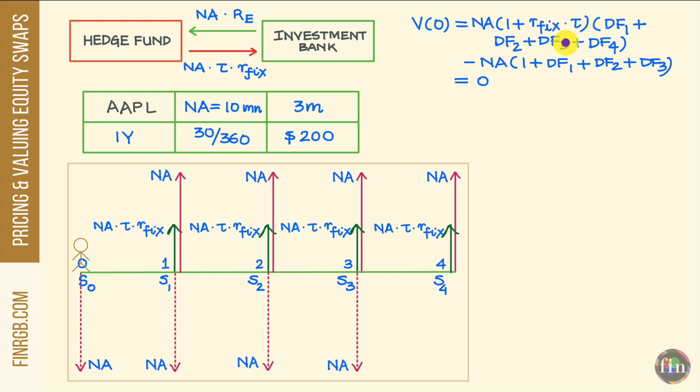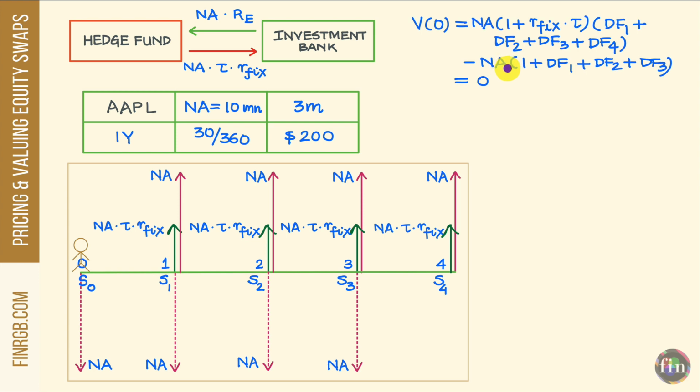The notation here is that df1 is the discount factor for the first 3 months, df2 the discount factor for 6 months, df3 the discount factor for 9 months, and so on. And then from it I have subtracted the total, aggregate present value of these planned investments into the shares of Apple. And this is what I have here.